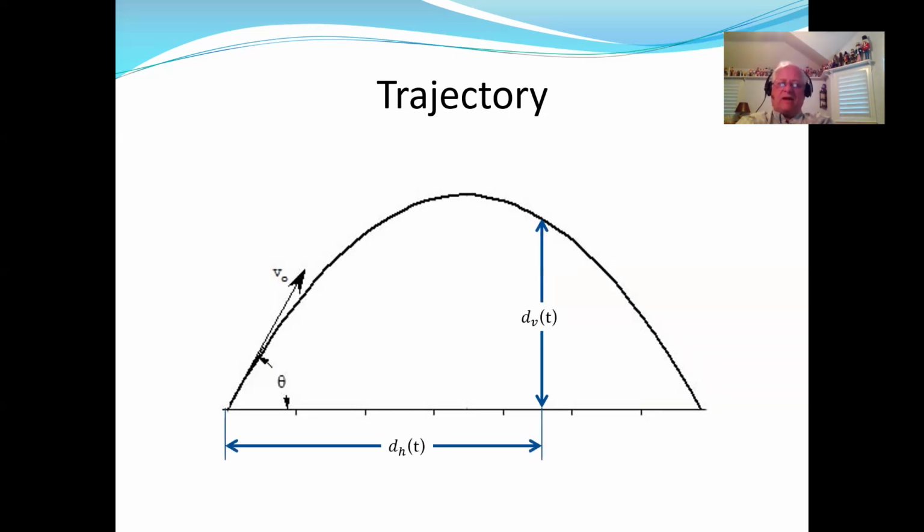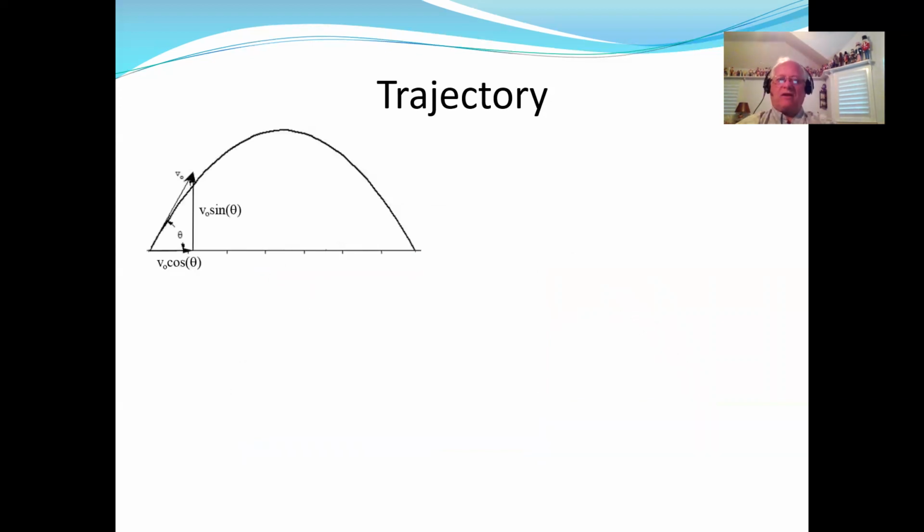At any point on this curve, I could describe a horizontal distance, which is a function of time, and a vertical distance, which is a function of time. We've already discussed both of them. Let's do the horizontal first. The horizontal component of the velocity is v naught cosine theta, as you see from the plot.